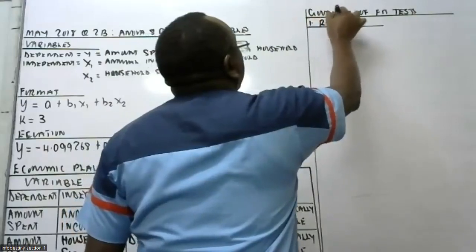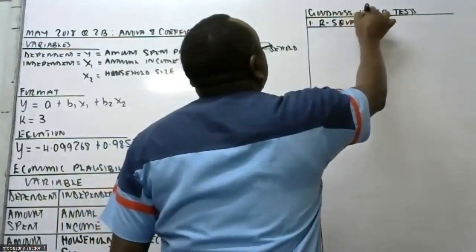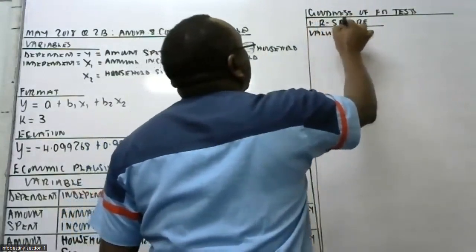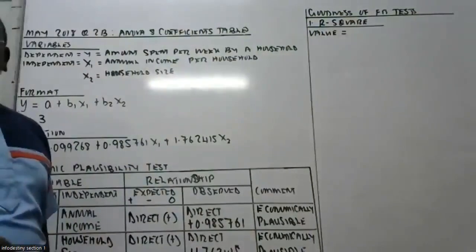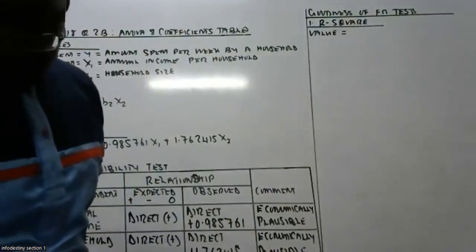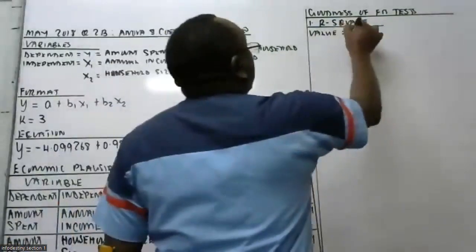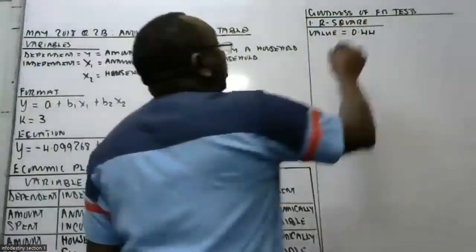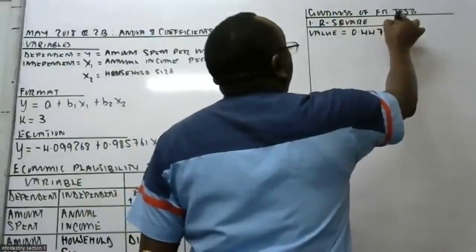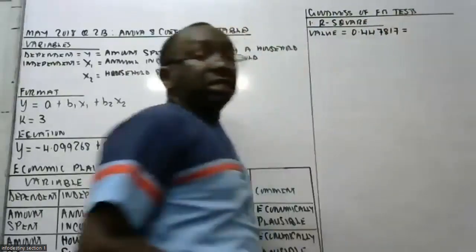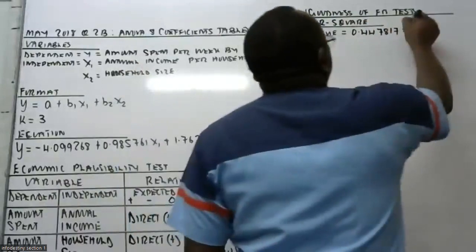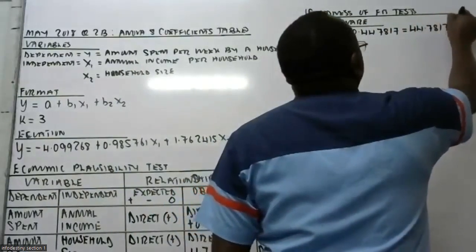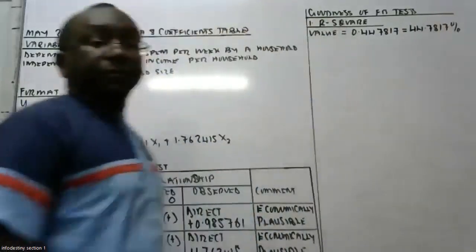R squared. So R squared, we will talk of the value. The value is 0.447817, which is equal to 44.7817%.